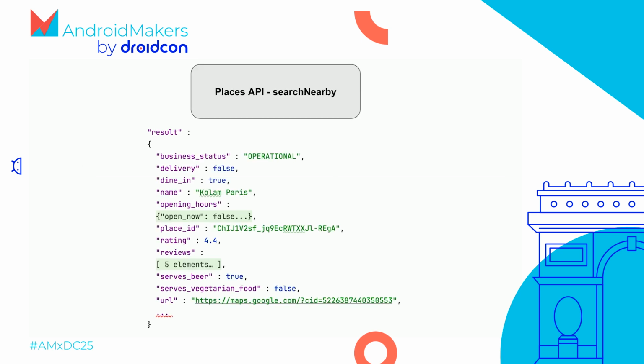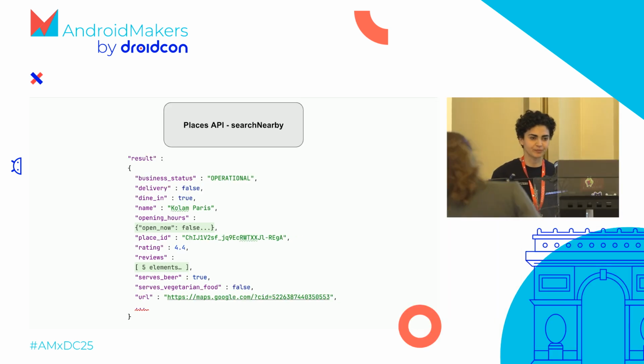Now, with the coordinates, I can use the Places API to fetch the place details. In the place details object that I receive, there is so much information, like the reviews, the features of the place, like if they serve beer or if they have a terrace, and a lot of information.